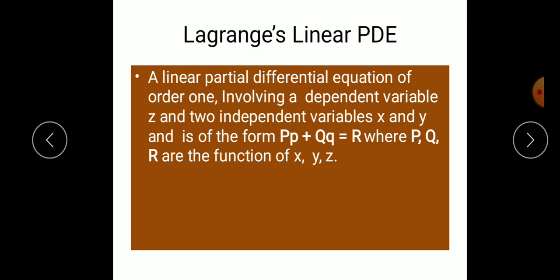So if z is considered as the dependent variable and x, y as independent variables, then the most general form of partial differential equation of first order is given by f(x, y, z, p, q) equal to 0.